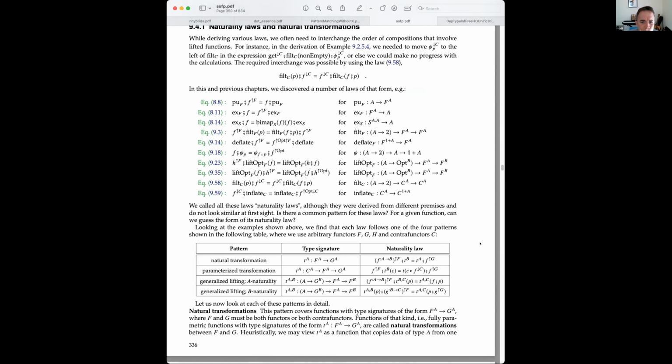Right. I think he's observing that these 4 things capture a lot of the kinds of functors that you might be interested in operating on. Right. They capture what we have done so far, the kinds of filters. Yeah.